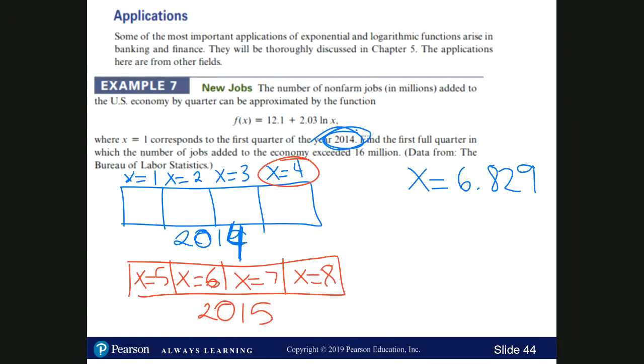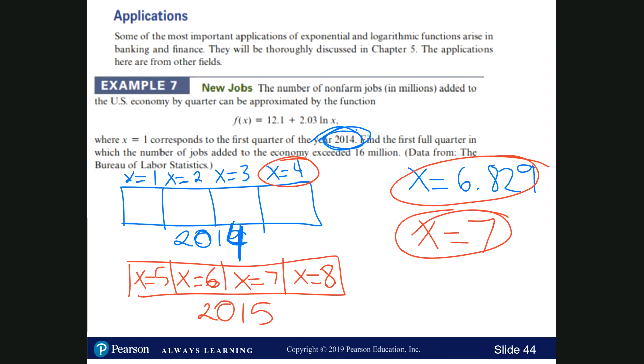Now the answer that we got was x equals 6.829. So we're going to have to round it to x equals 7 because first of all, we're talking about integers here, but also they're the quarters of the year. And also because we want the first quarter when it exceeded 16 million. And so it makes sense that we round up.